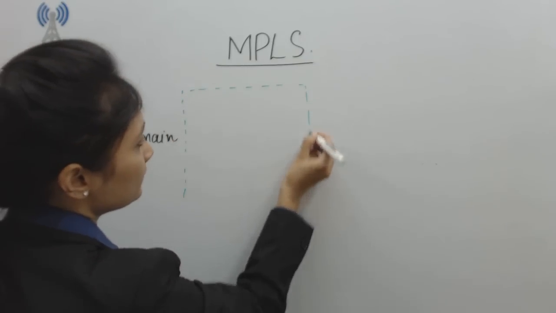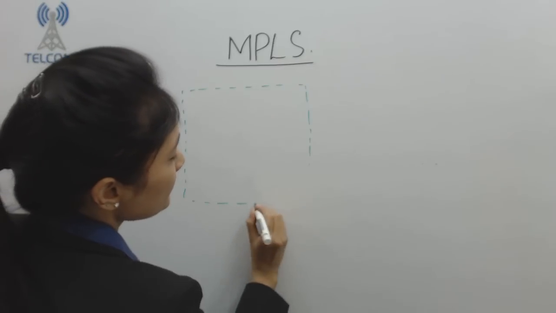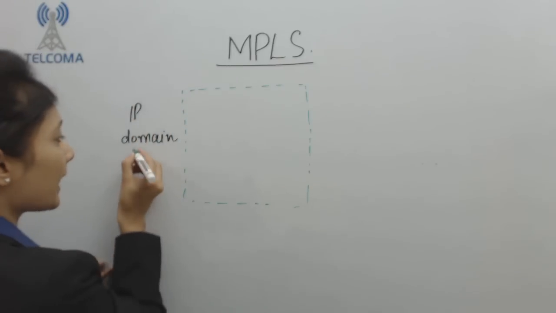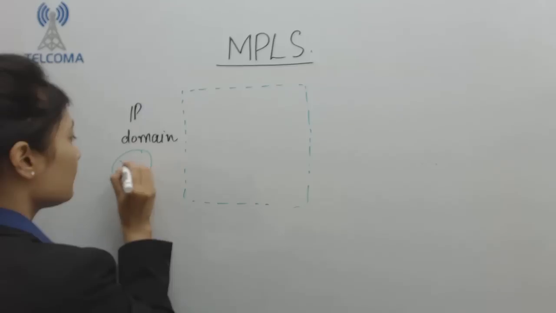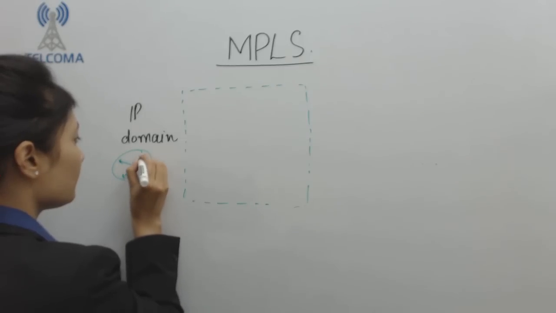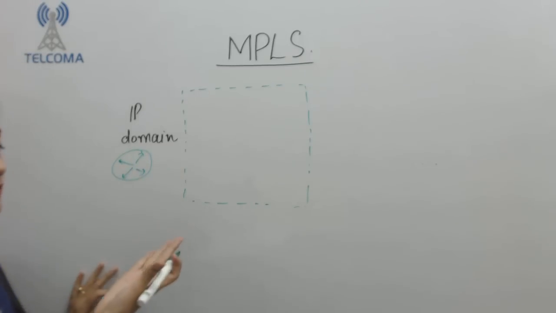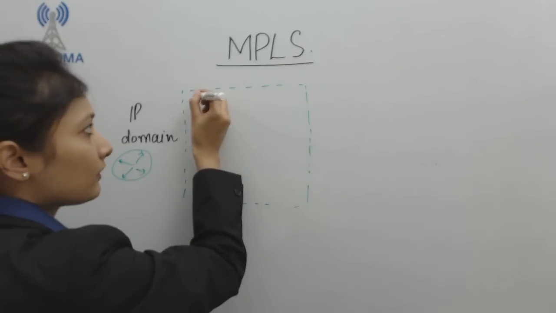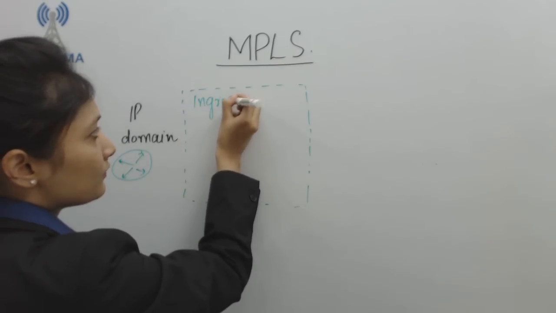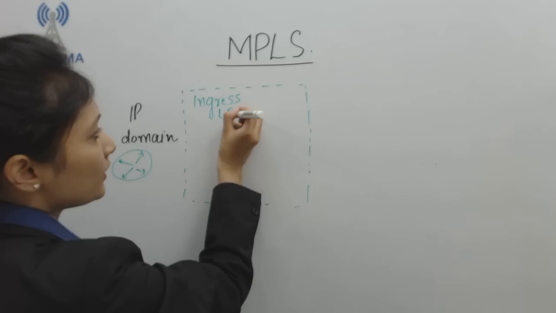For example, we have the IP domain with a simple router here, connected to your ingress LER, the label edge router. Ingress means that this is the entry point, the incoming point for the packets here. So this is your ingress LER.